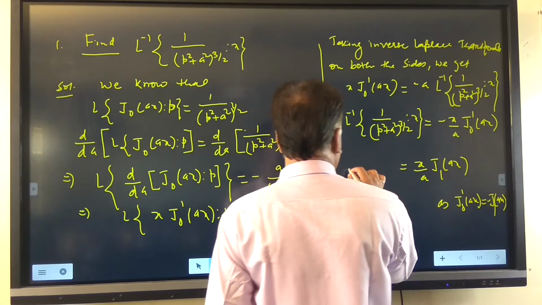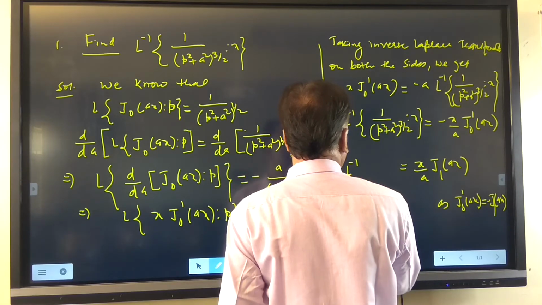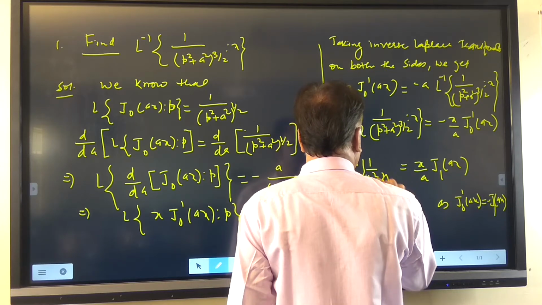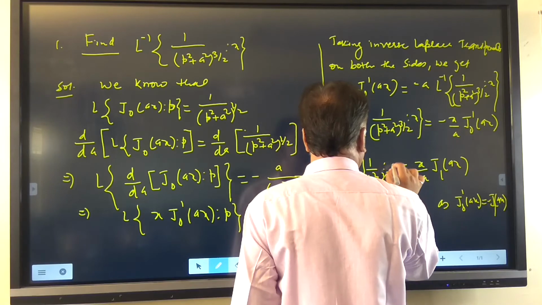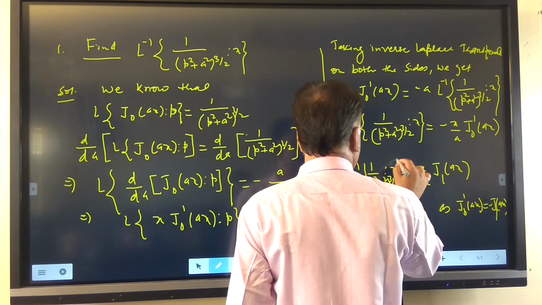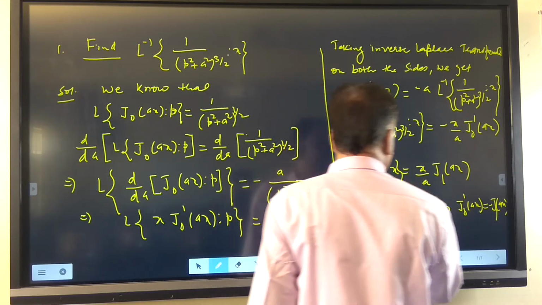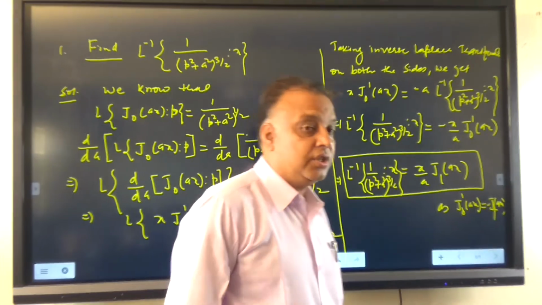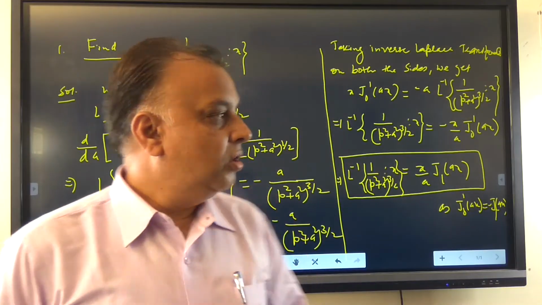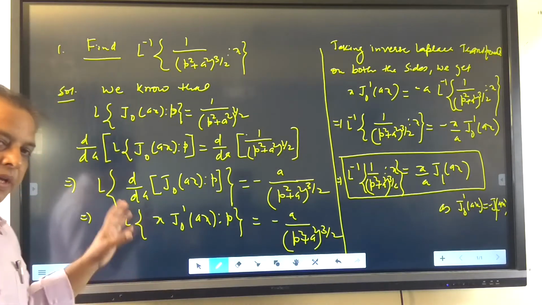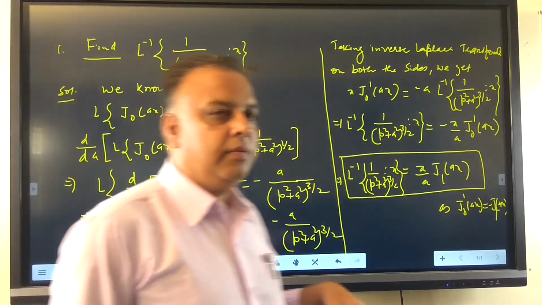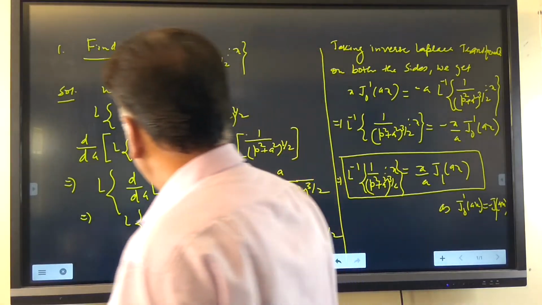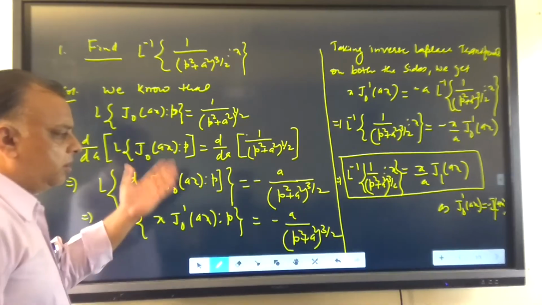So the inverse Laplace transformation of 1 upon (p square plus a square) whole raised to 3 by 2 with respect to x equals x upon a J1(ax), which is the required solution of this problem. This is a very important problem, slightly different from the other problems of the inverse Laplace transformations.